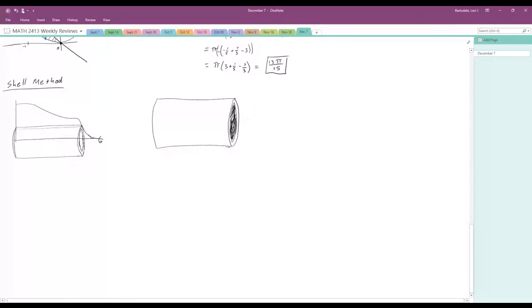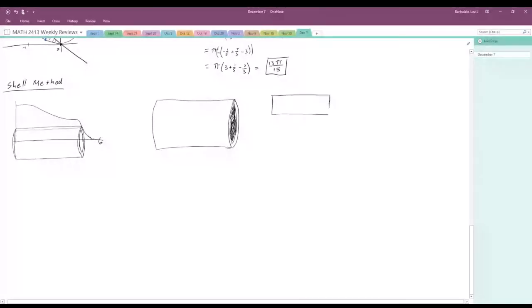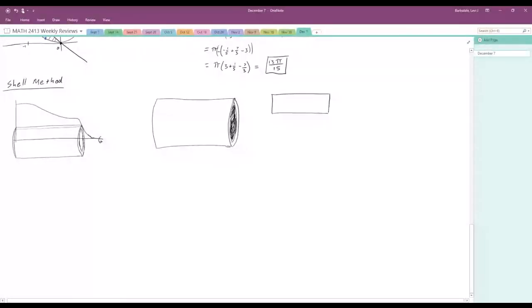So if I took this cylinder and cut it open, it would basically look like a big long rectangle with a teeny tiny bit of depth.